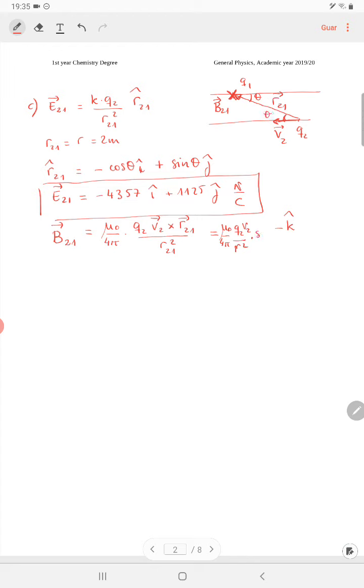So we have to multiply here by the sin of theta, okay? So if we do all this, we end up showing that B21 is equal to minus 2.5 times 10 to the minus 8 in the k direction, and this is in Tesla.